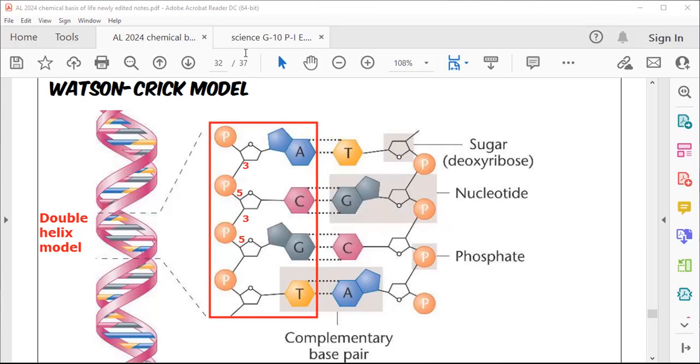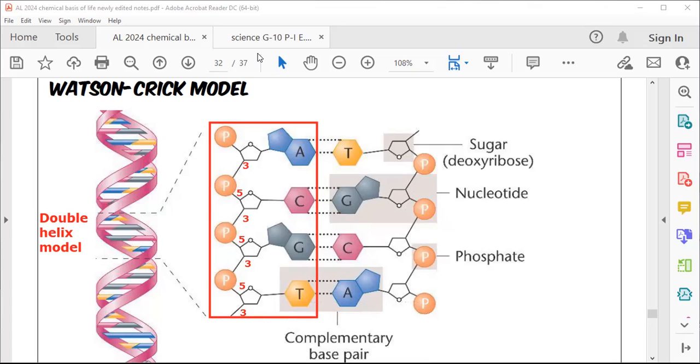Fifth carbon. Here, third carbon. Here, fifth carbon. Like that, if you go, in this end there is a 3 carbon, correct? Am I right? Yes, sir.